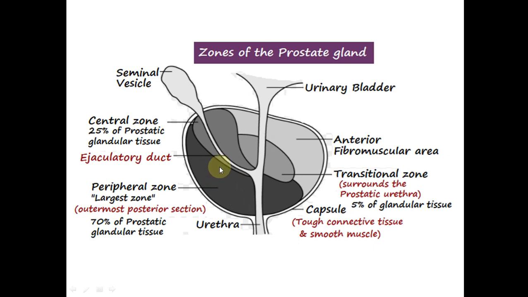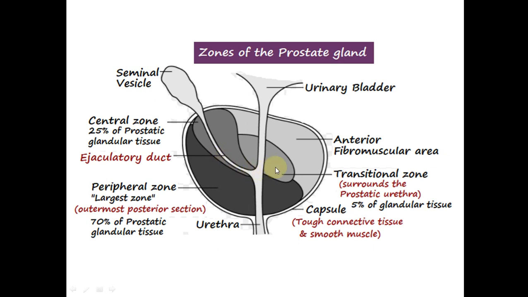Inner to the peripheral zone, there is the central zone, and the central zone contains 25% of the prostatic glandular tissue, and the ejaculatory duct from the seminal vesicle that carries the semen passes through the central zone.